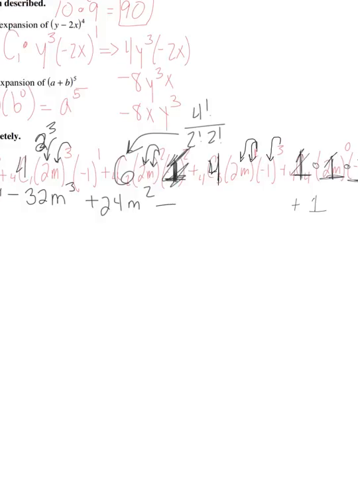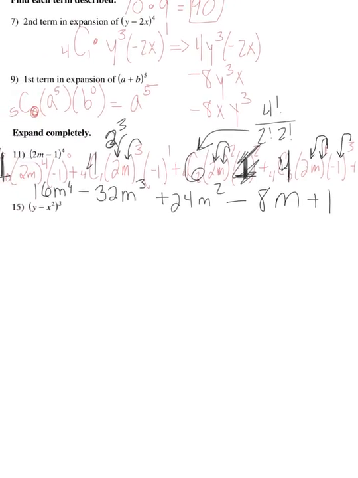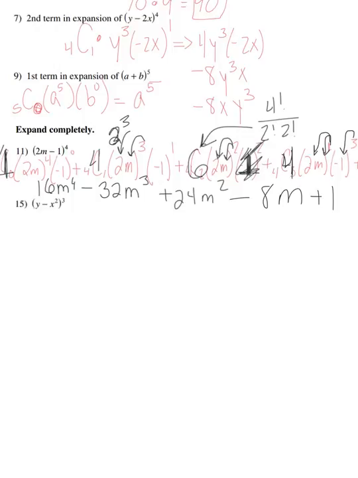And now I've got 4 times 2 up here. 4 times 2 is 8m. And then my little lonesome plus 1 I wrote earlier, I'm just going to write that right here so I can erase it off of there. There we go. Okay, so our final answer would have looked like this.